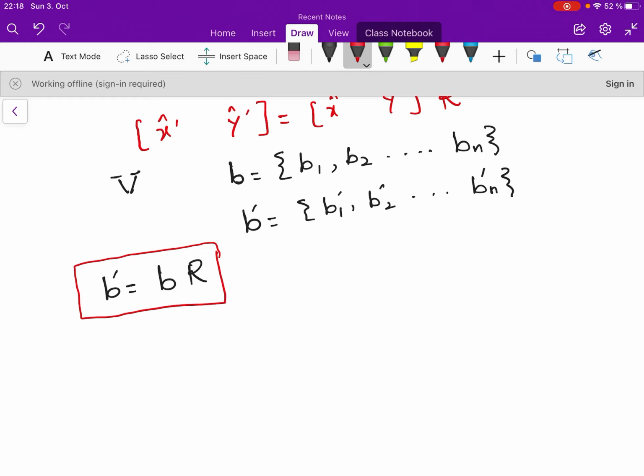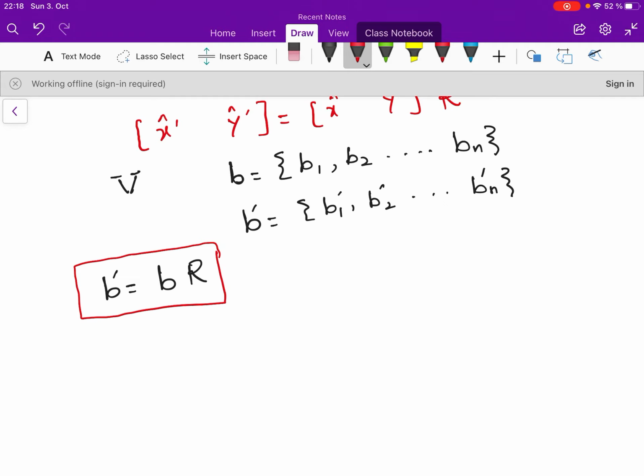Now if I change the basis system, everything that depends upon the basis will also change. For example, the components of a vector will change according to the change of basis.